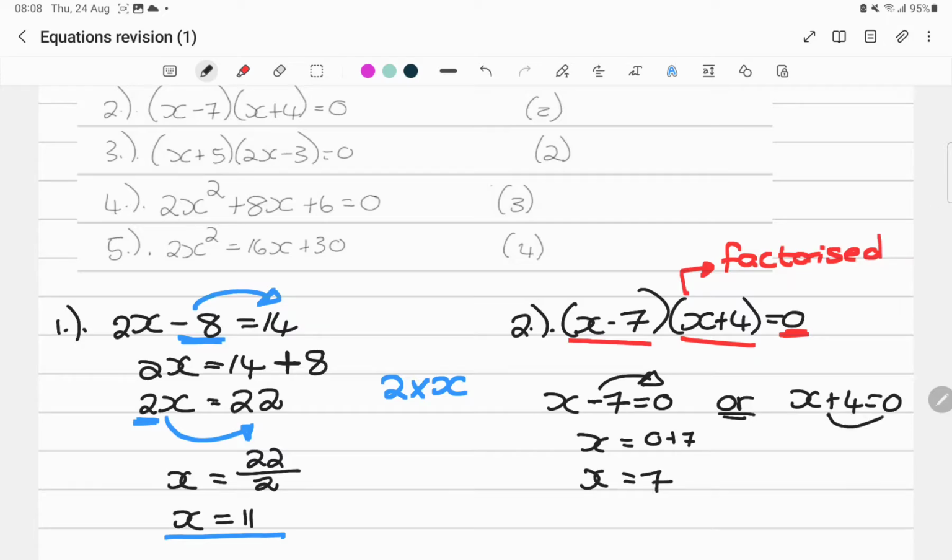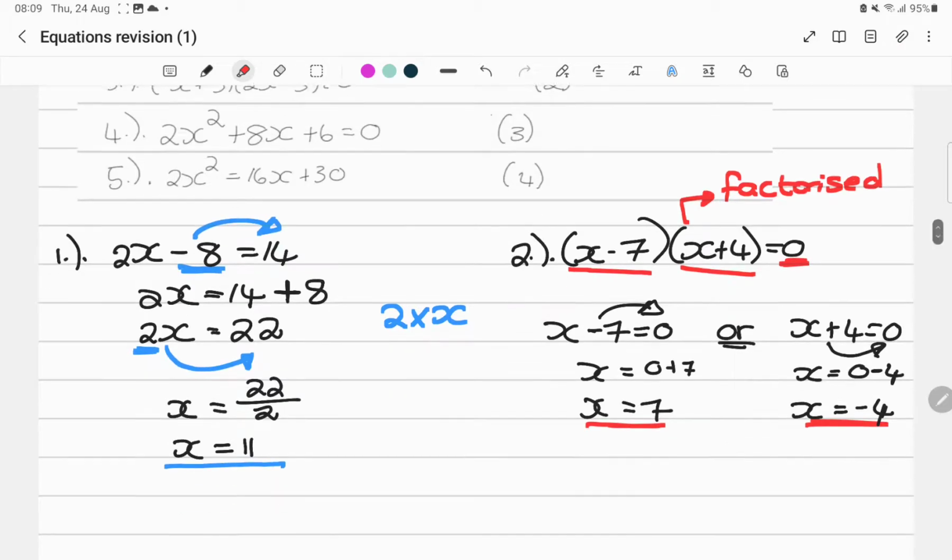Or I have to take over my x plus 4, so my plus 4, and when it goes over, the inverse function is going to happen, so 0 minus 4, so x is equal to negative 4. Alright, so that means I have 2 answers. 2 brackets, 2 answers.